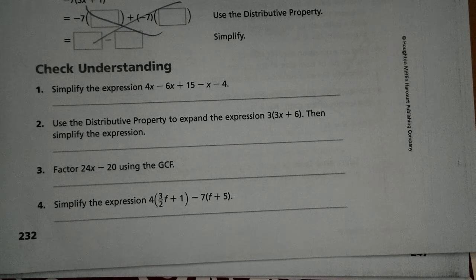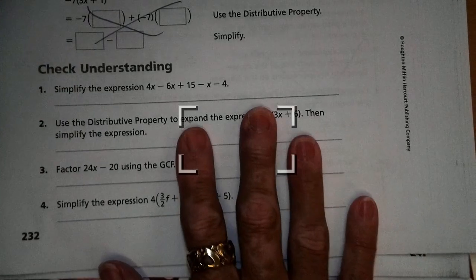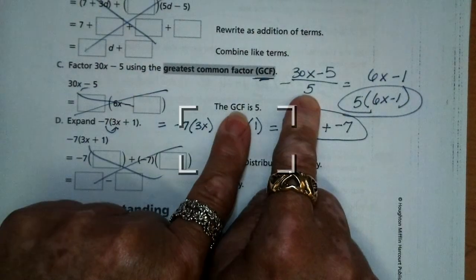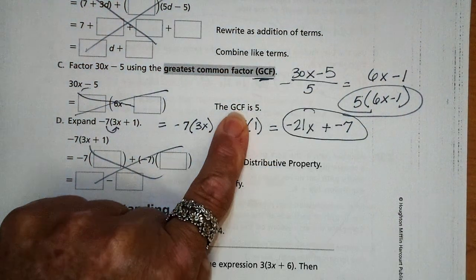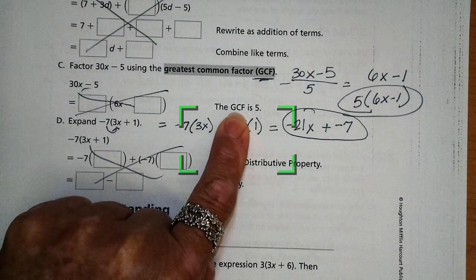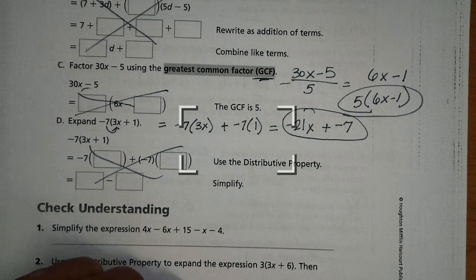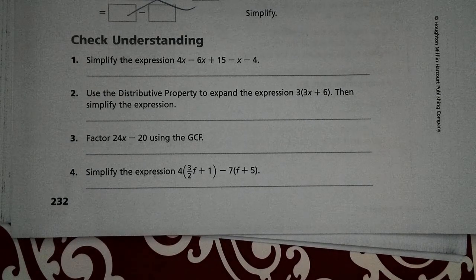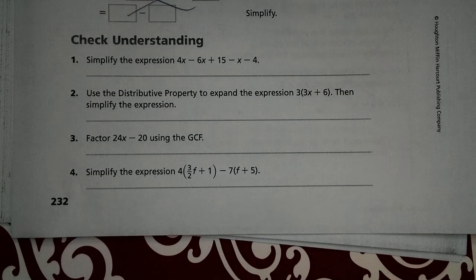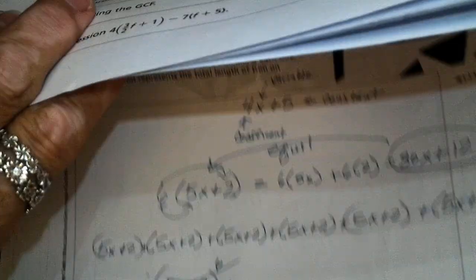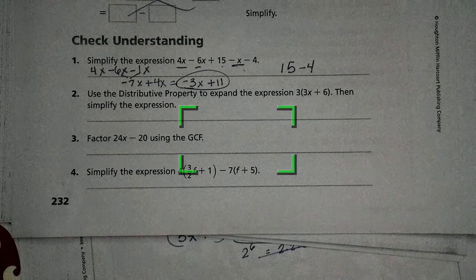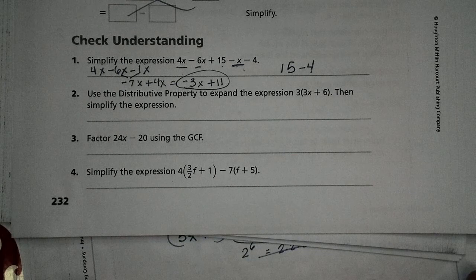I just did a quick look at the On Your Own. Greatest common factor. That's what we just did right here. So we find a number that divides into both of them. Greatest common factor. That's what that is. Anybody want to try number 2?